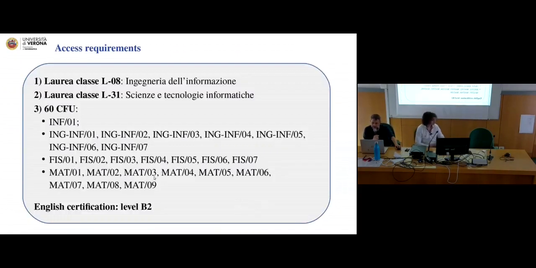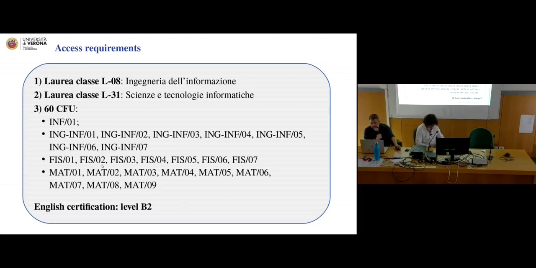Okay, so the requirements to access the course are shown here. Laurea classe L08, ingegneria dell'informazione, or L31, scienze e tecnologie informatiche, or otherwise 60 credits among this quite large set of credits.